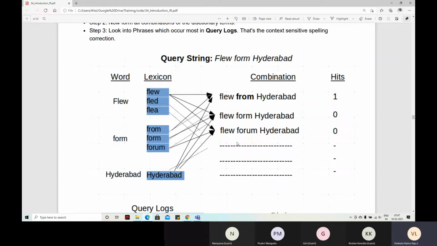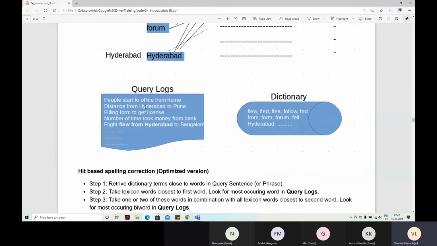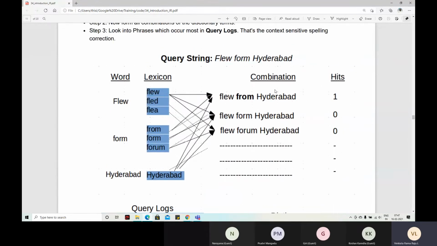If you see the combinations, this combination occurred more number of times in query logs. So we say this is the most appropriate sentence, and this is the correct spelling. FORM is a typo. From is the correct thing. So this is context sensitive spelling correction.